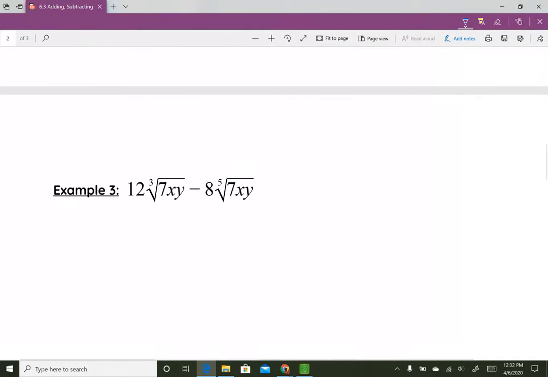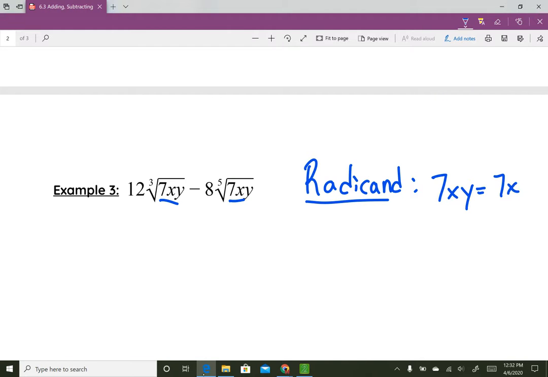So let's take a look at example 3 here. Anything I can simplify, first of all? Think about that while I'm writing the word radicand. Is there anything I can simplify? 7xy, 7xy. Can't simplify anything, right? But this is looking good for us. We have 7xy equals 7xy. We like that. Those are the same.